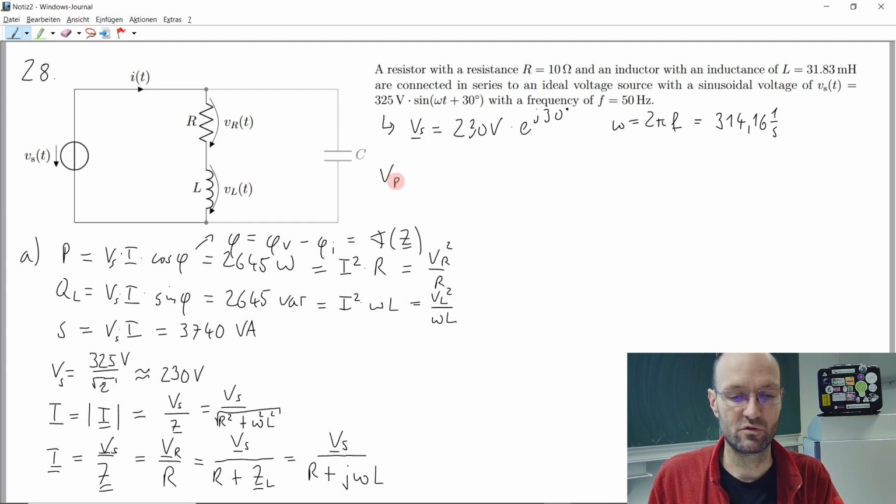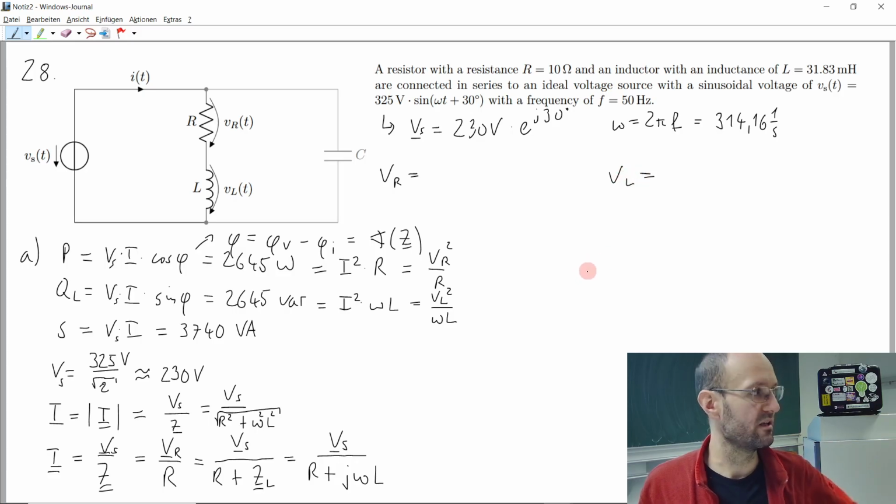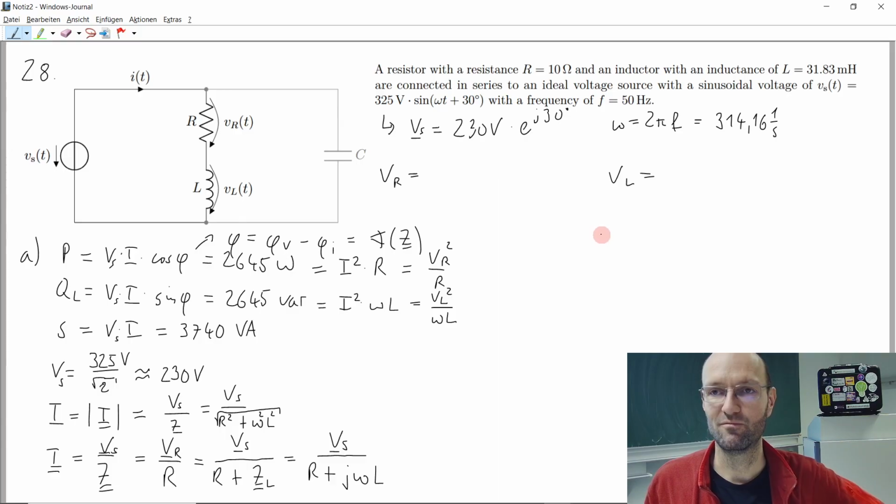Which way could it be calculated? Well, using a voltage divider, for example. We have a total voltage, we have a partial impedance, a total impedance. So how would you set up a voltage divider rule?